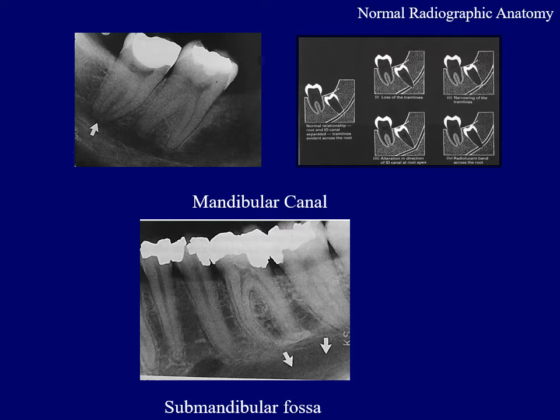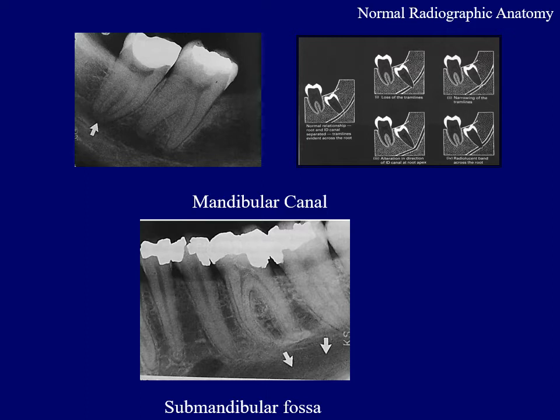The canal course may be well seen between the mandibular foramen and the mental foramen. The relation between the mandibular canal and the roots of the lower teeth may vary. Sometimes the mandibular canal is in contact with the apex of molars, and sometimes there is a space or a distance between the tooth and the canal.